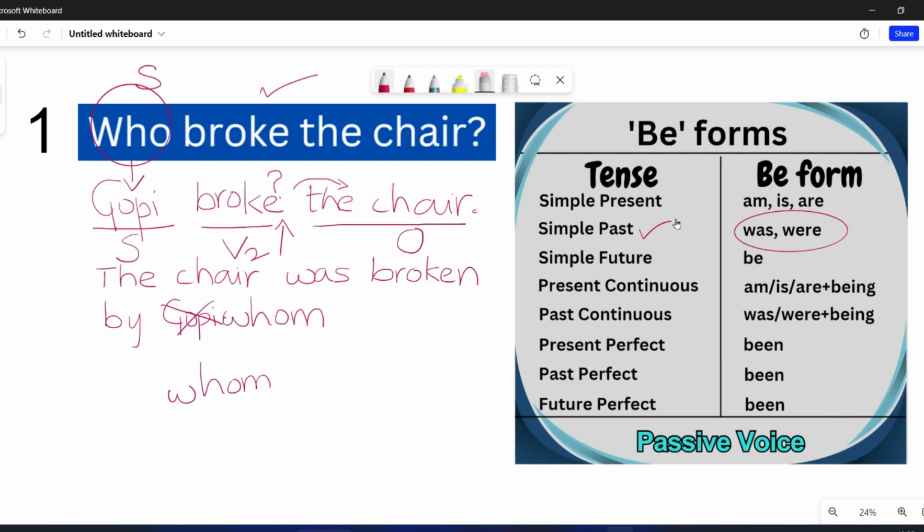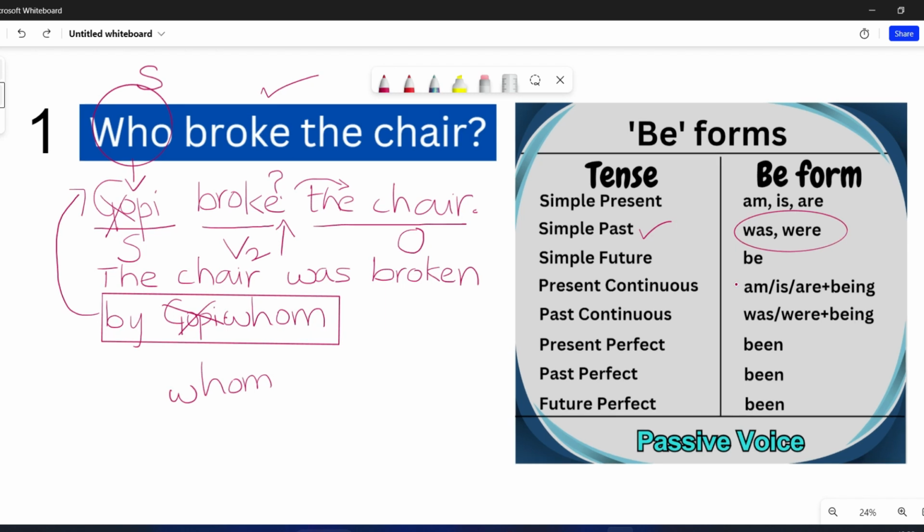So to make this better, we need to move by whom, these two words, to the beginning. We remove Gopi and then we use this one. Now, what is the sentence that we get now? We write by whom at the beginning. By whom.